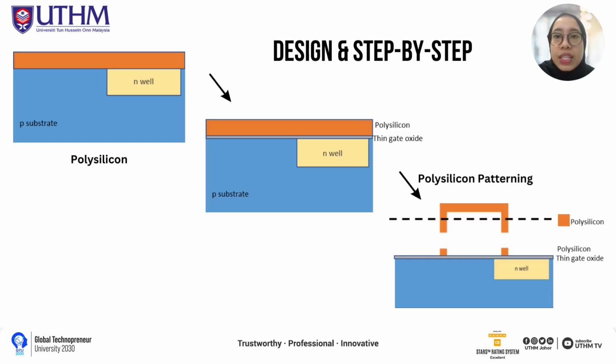We will use CVD, that is chemical vapor deposition, of the silicon layer to form the polysilicon. Next, step 10 is polysilicon patterning. So the lithography process is applied again to pattern the polysilicon. The tiny gate oxide and the photoresist is applied again on the wafer to protect the two gate terminals.